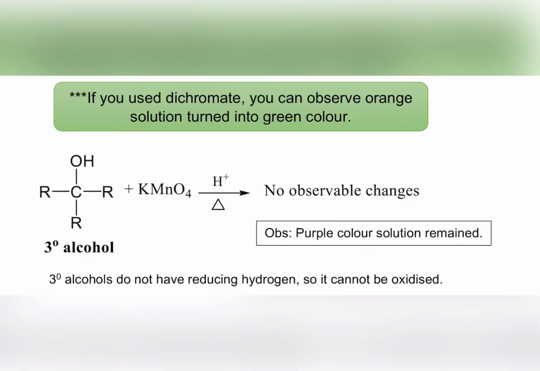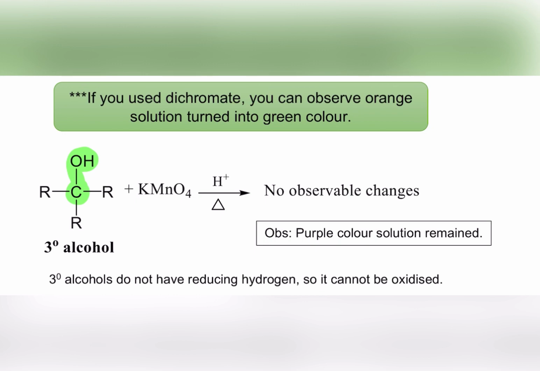The last one, we have tertiary alcohol. In this case, I have my carbon attached to the OH group, and this carbon is attached to another 3 alkyl groups. So from here, you can see that there is no reducing hydrogen. So of course, when you want to write the equation for oxidation of tertiary alcohol, at the product side, you have to write down no observable changes because tertiary alcohol cannot be oxidized.